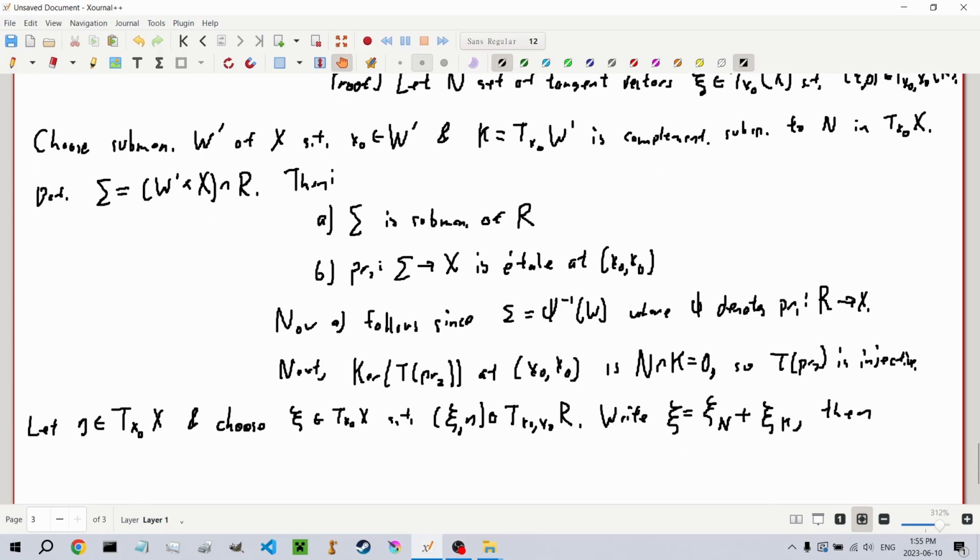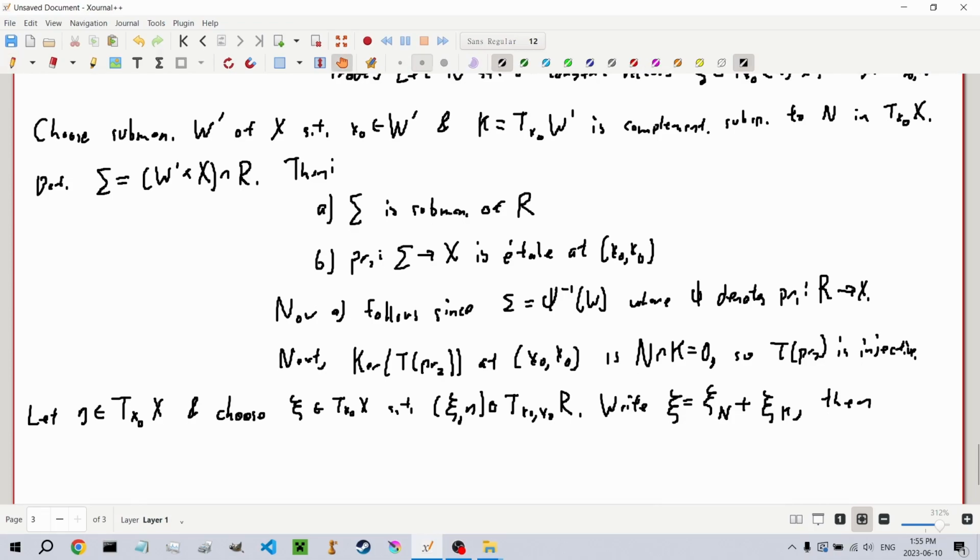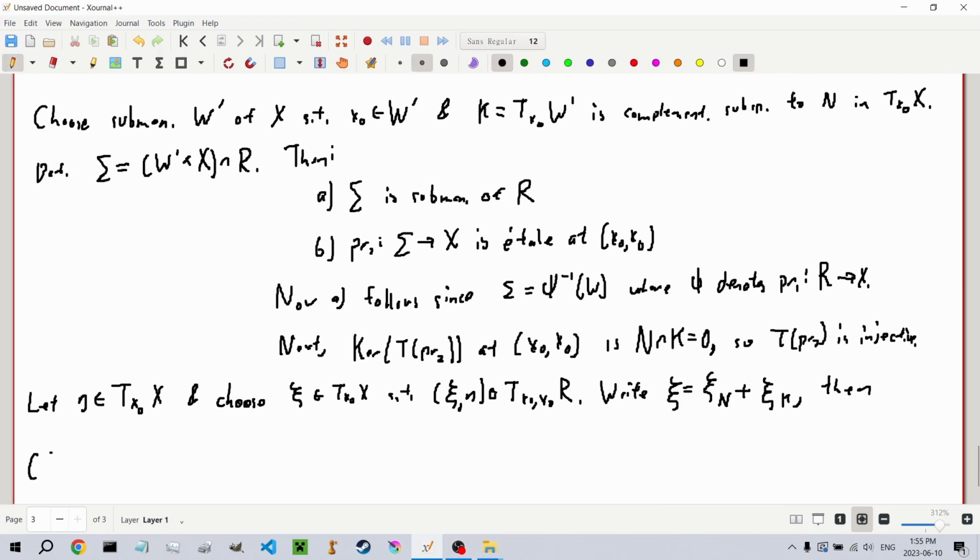Then we get that xi_k, eta is in the tangent at x naught, x naught in R, since n is contained within this tangent space.